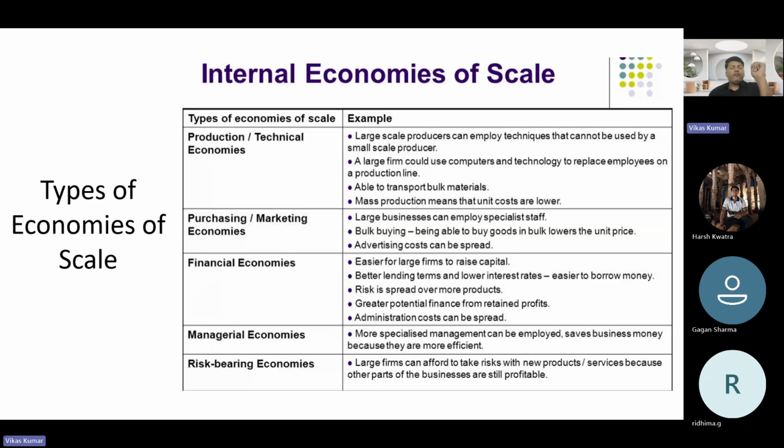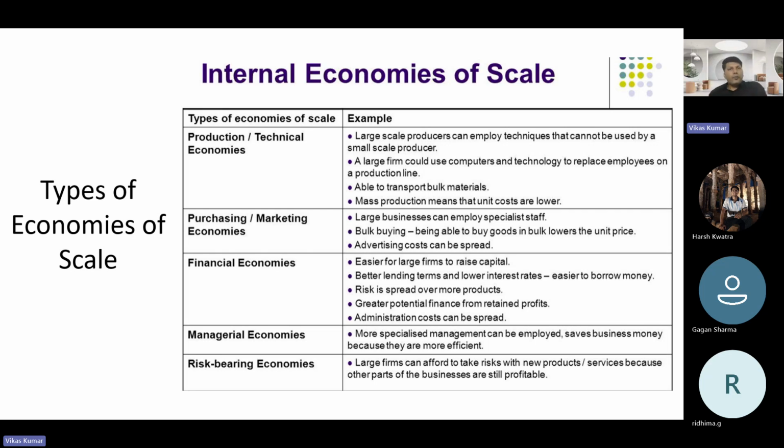The last point with respect to internal economies of scale is risk bearing economies. Large firms can afford to take risk with new products and services because other parts of the business are still profitable. All these things, technical economies, production economies, purchasing economies, marketing economies, financial economies and managerial economies, converge on one last point, risk bearing economies.